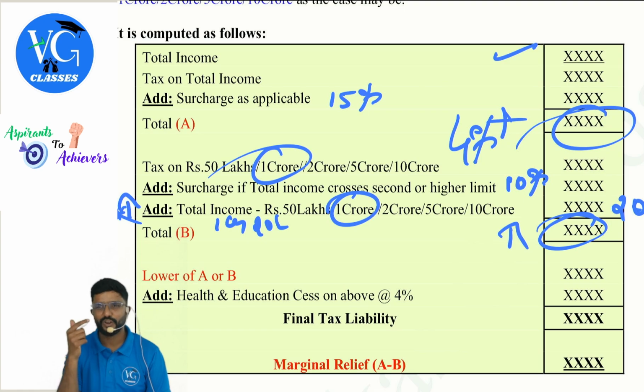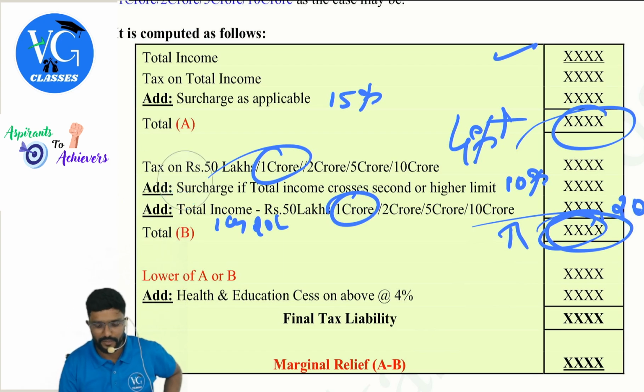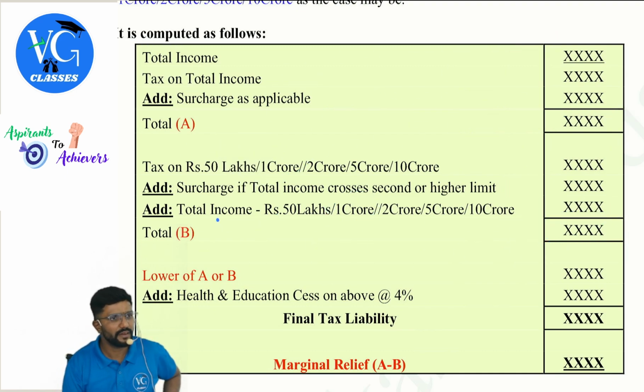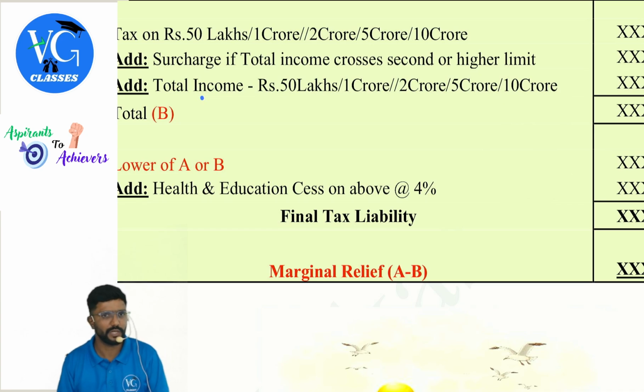So if your income has crossed the limit by a bigger amount, then definitely this part will increase. As this increases, B will go up. In that scenario, B will be more than A. That means A will be lower, so you will pay A plus 4%. Which means you are not eligible for relief. So please be careful. Relief is available only when A is more than B, or B is less than A. If it is vice versa, can I claim the relief, sir? No, you cannot claim the relief, because you will end up paying the tax as usual, normal.